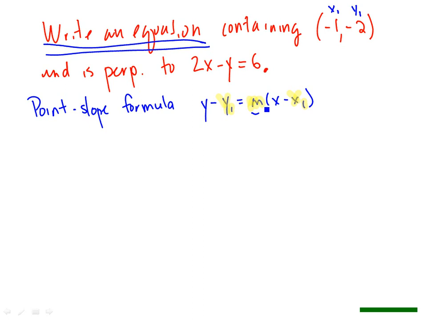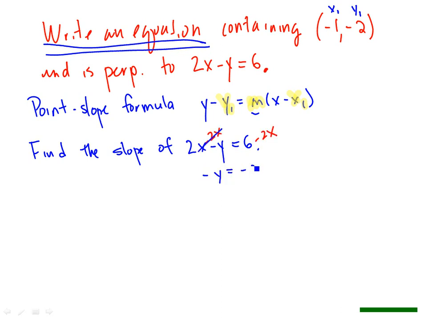We get our slope from the equation that they gave us. Well, you must put this equation in slope-intercept form. Thus, you can find the slope and intercept if you put it in slope-intercept form. And we get -y equals -2x plus 6. Is this in slope-intercept form?